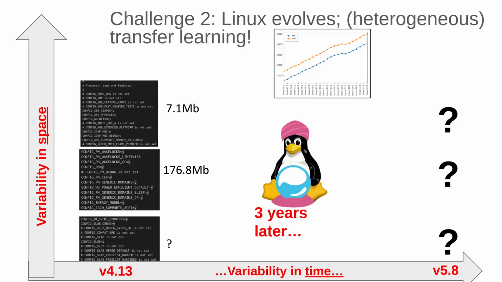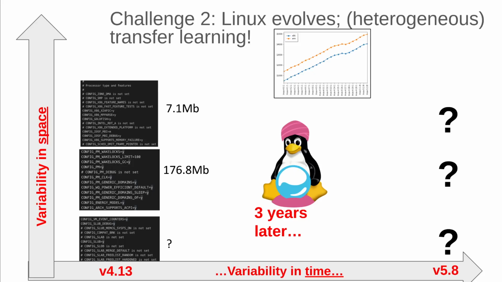So the feature space is heterogeneous. It's not the same across versions. And it's quite challenging for a predictor to first predict on a given version, but if the version changes and has an impact on the binary size distribution, then that's basically the problem we are tackling here in this article.